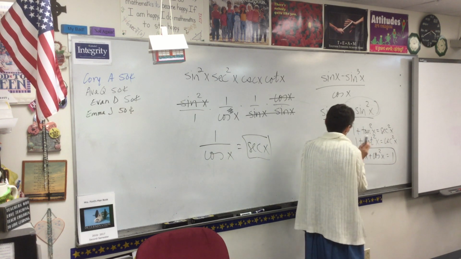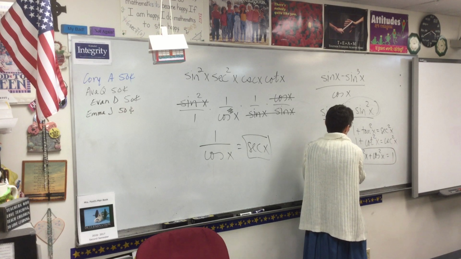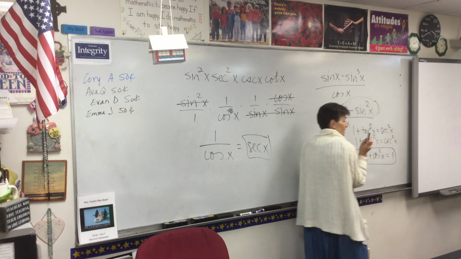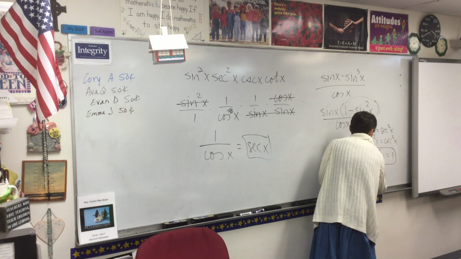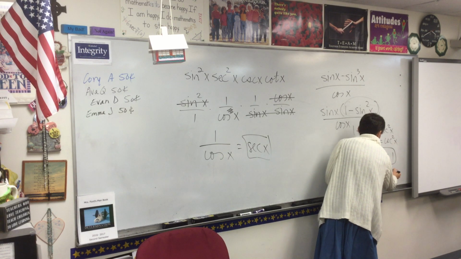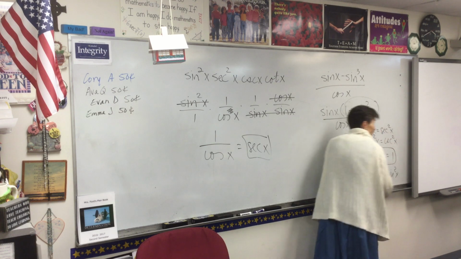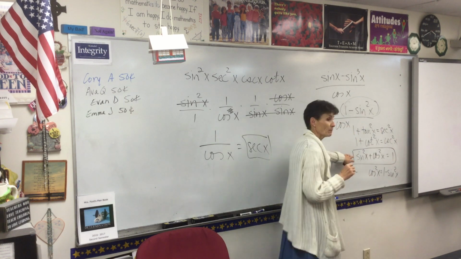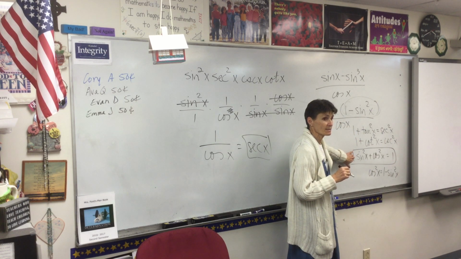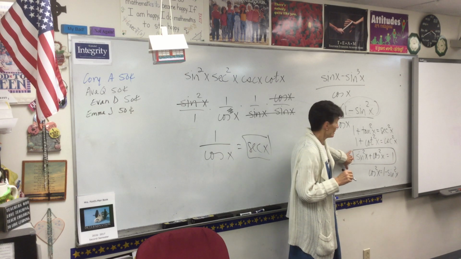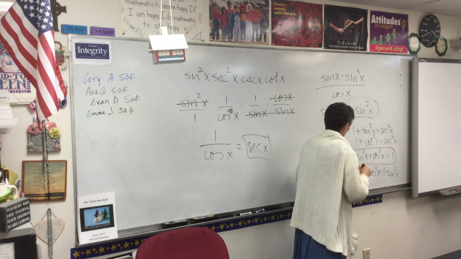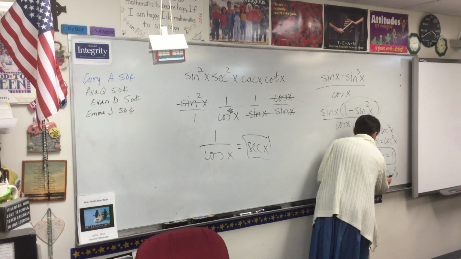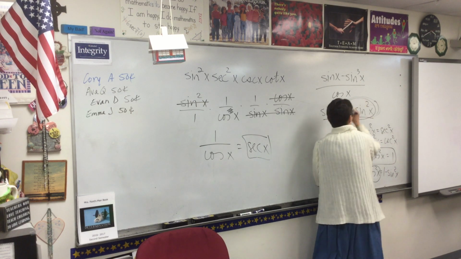If I move this sine to this side, just subtract it over, it would say cosine squared equals 1 minus sine squared. Remember, sometimes we have to rearrange these to use them. So I'm going to rearrange it and write it like this.